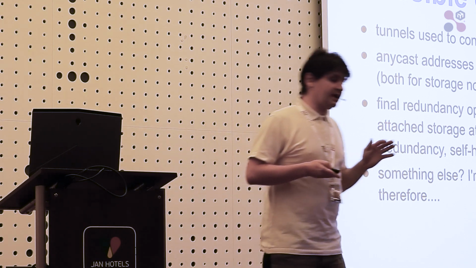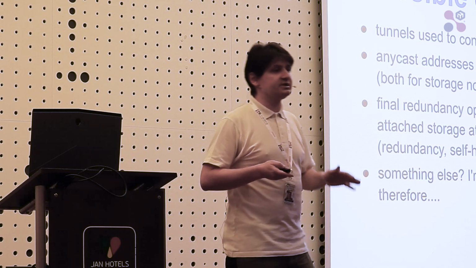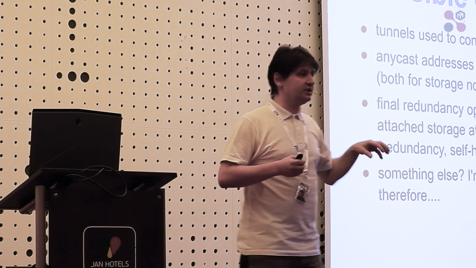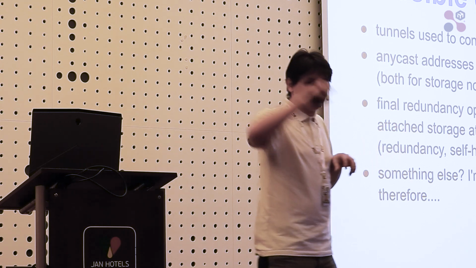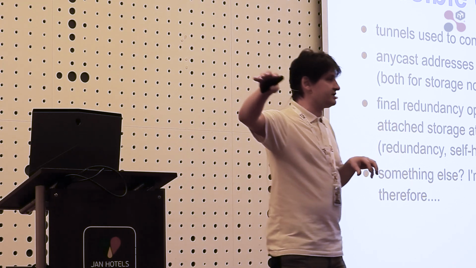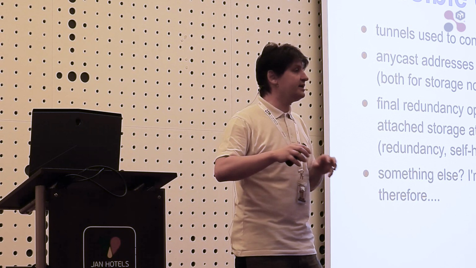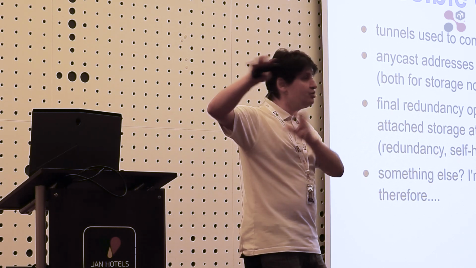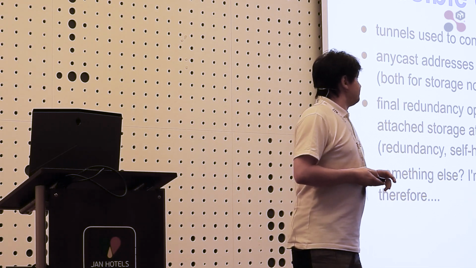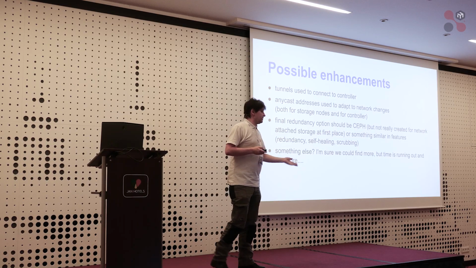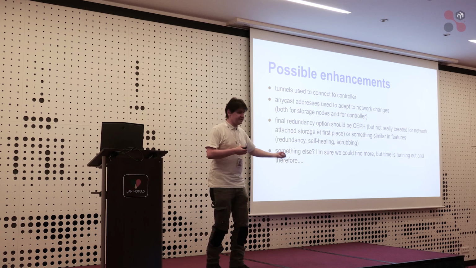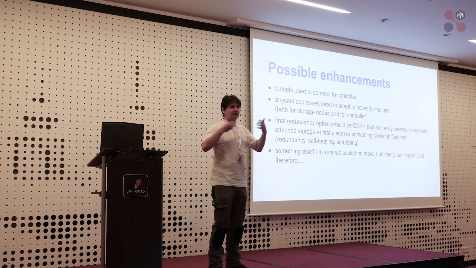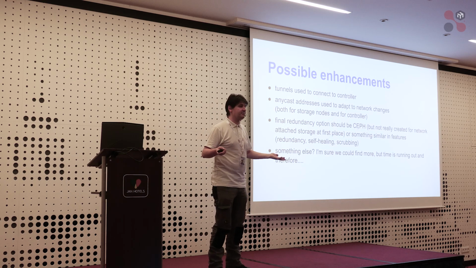So maybe it can be better to use anycast addresses in routed networks to be able to freely move the disks, or to replace a failed disk with another, just simulating its address somewhere else with new storage. Or even the controller: if the controller fails, you can spawn it somewhere else, and using anycast, it will look like nothing has happened.